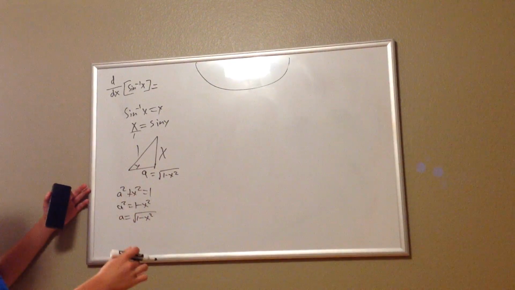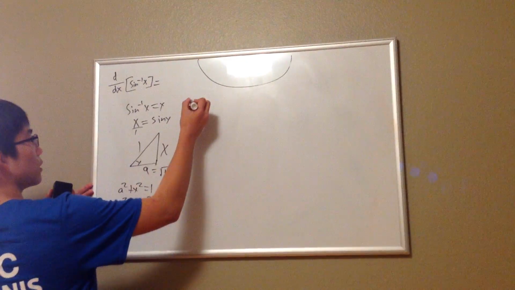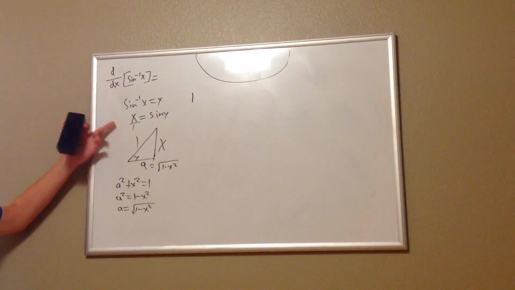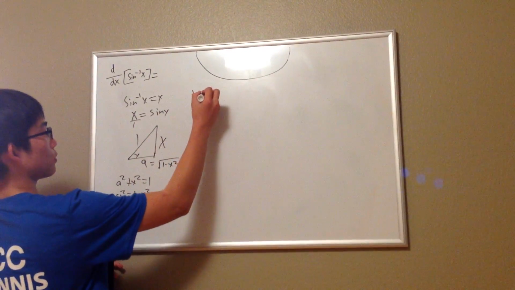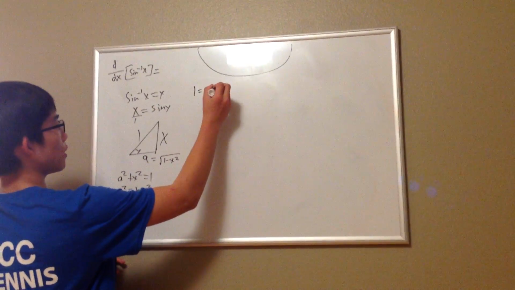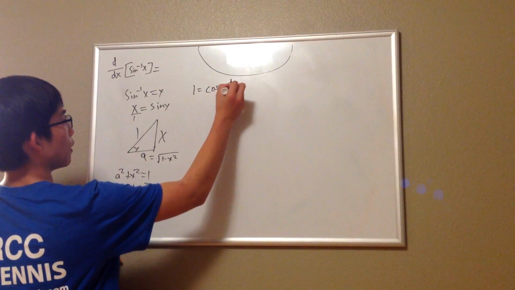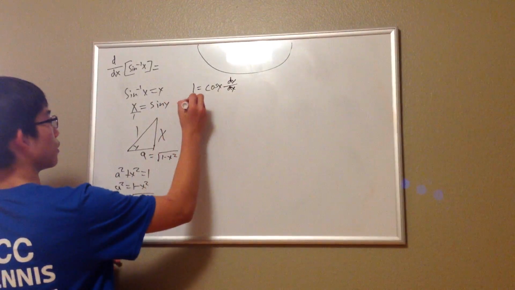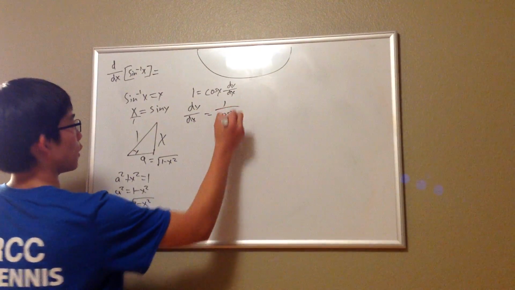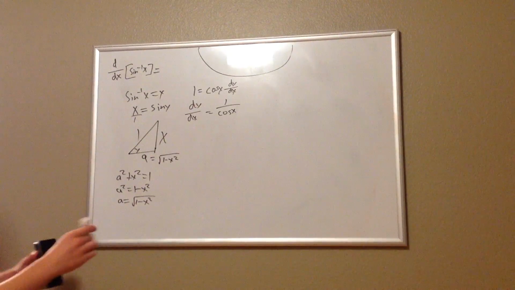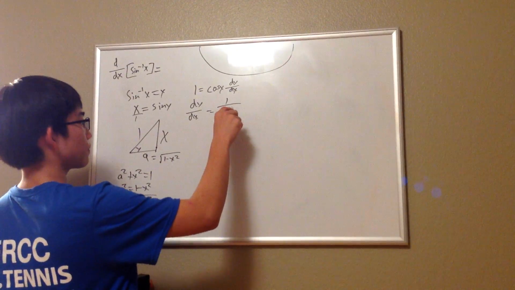x equals sine y. So we're going to find the derivative of this with respect to x. So the derivative of x is 1, which equals cosine y dy over dx. So dy over dx equals 1 over cosine y.